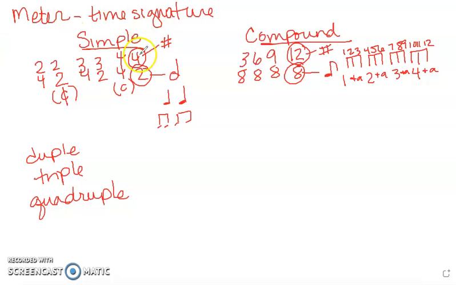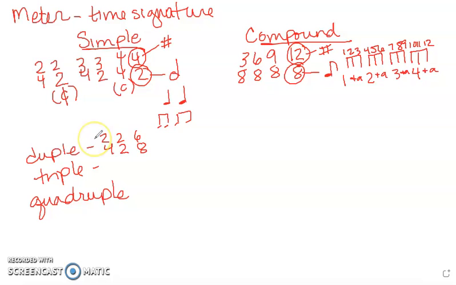Duple means you're going to have an overall beat pattern of 2. So this is going to be 2/4, 2/2. It's also going to be 6/8, and anything else that would have an overall beat pattern of 2.